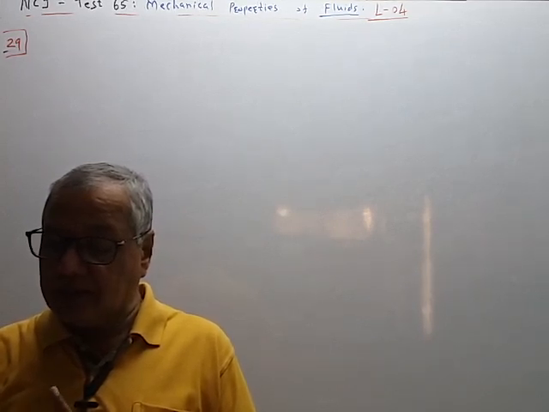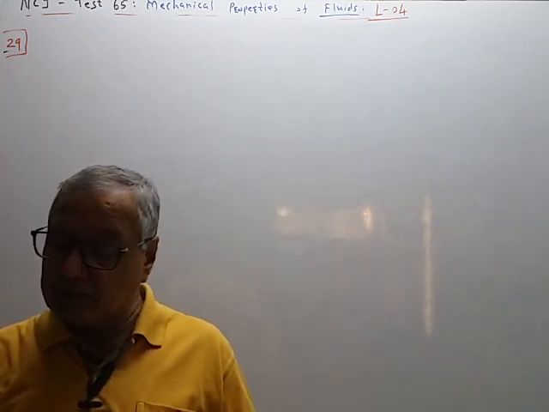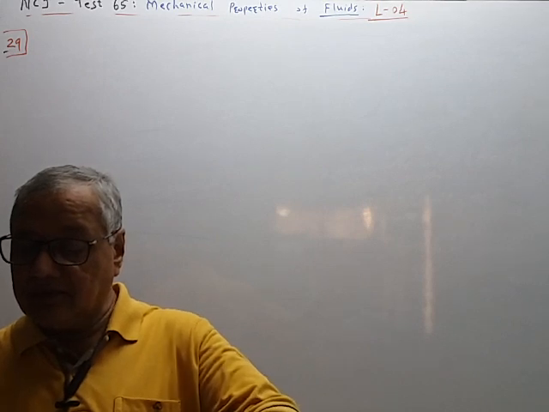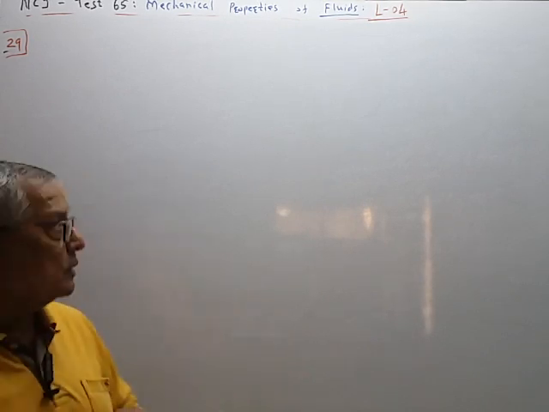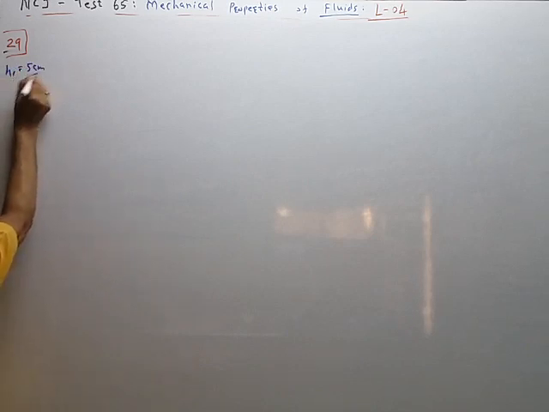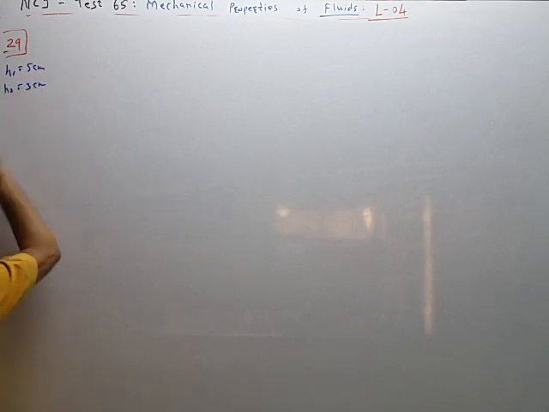So, initial height is 5 centimeter. The capillary tube may have sufficient length. So in this case, the first height is given, h1 is equal to 5 centimeter. The second height is less, 3 centimeter.